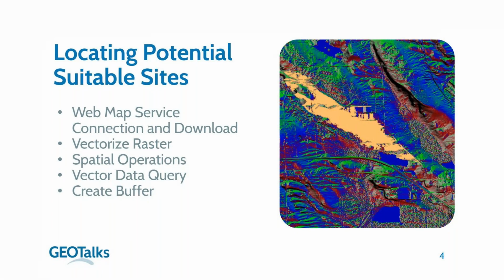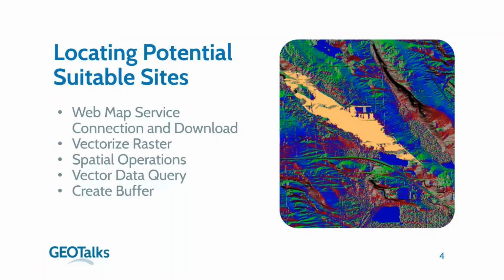Moving on, this is going to be very vector heavy for this part of the analysis. We're going to use the spatial operations tool. Essentially, spatial operations and spatial operations predicates allow you to identify features within one particular layer based on their relationship to features within a second layer.